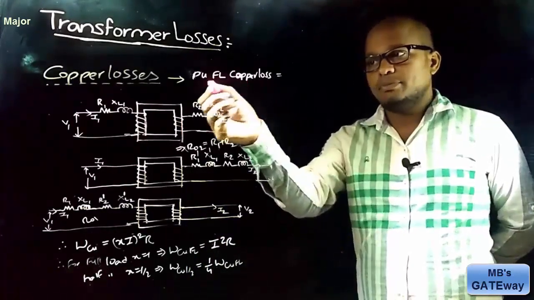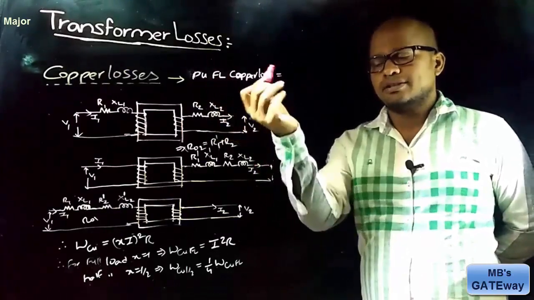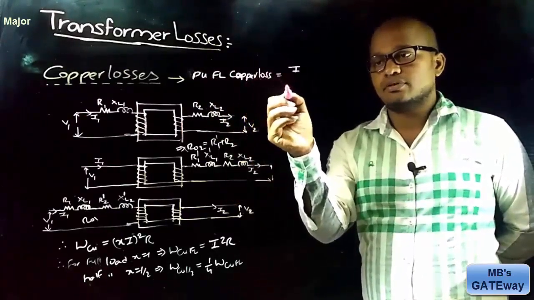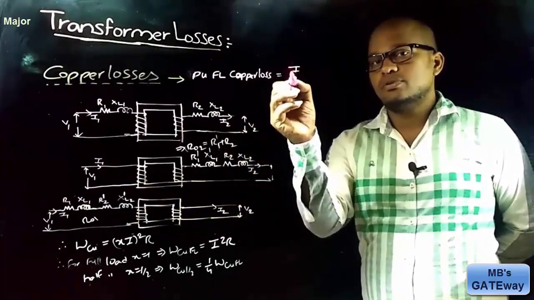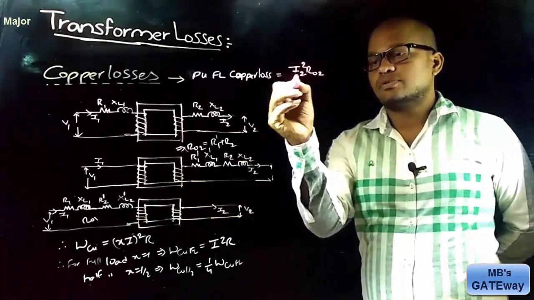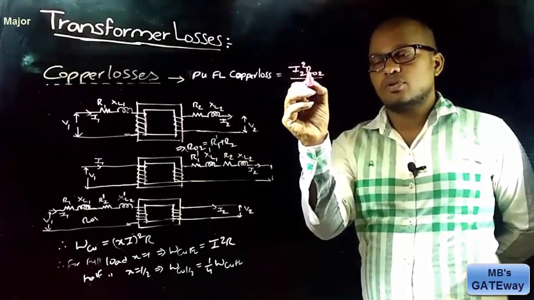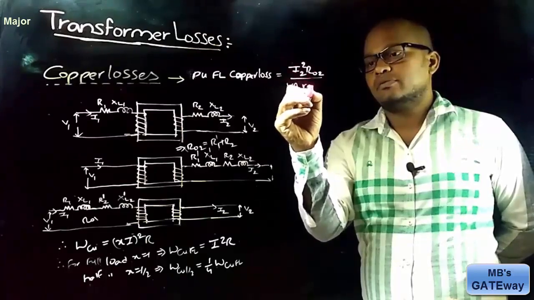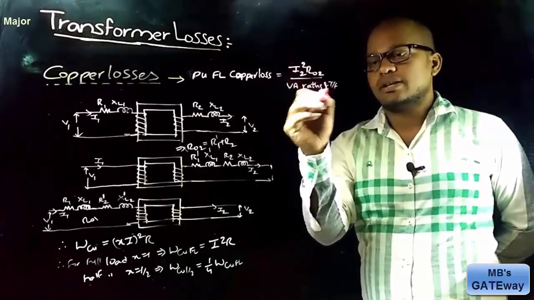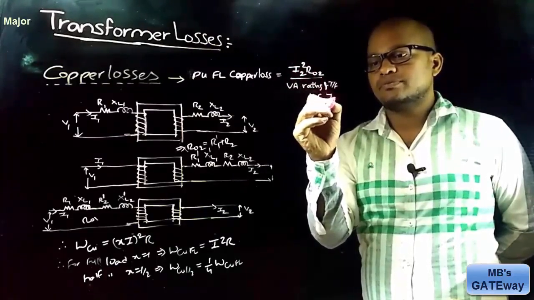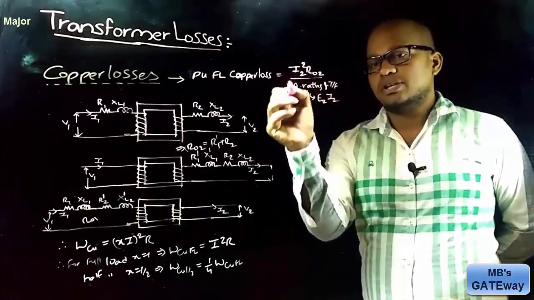Now let's find out the per unit full load copper losses, and let's refer to the secondary side. So per unit full load copper loss is equal to copper losses referred to secondary, meaning I2 square R02, which is full load copper losses referred to secondary, by VA rating of transformer. And as here we refer to secondary, we can represent it with E2 into I2, and I2 and I2 will cancel.